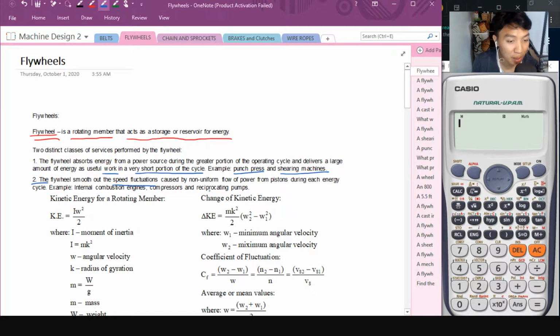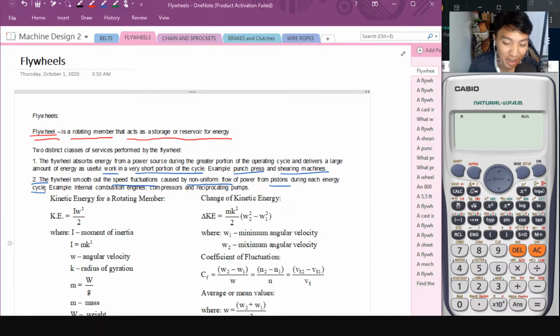It is caused by non-uniform flow of power from yung rotating members or reciprocating members such as pistons during each energy cycle. So example, yung internal combustion engines, compressors, and reciprocating pumps, they create a lot of vibrations. And yung vibrations na yon, they commonly disrupt the transfer of energy on the machines.